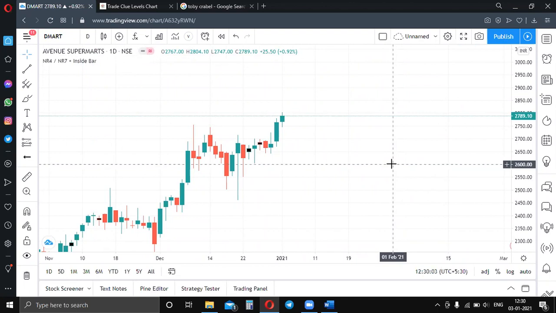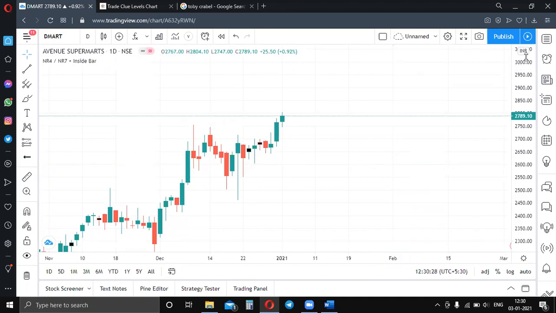Like, across the globe, is selling happening or buying happening? If there's a clear indication in the world markets, chances are very good that we will follow the major markets. Sometimes we buck the trend if there are some domestic reasons. Otherwise, we can see the same clear trending nature in our markets as well.